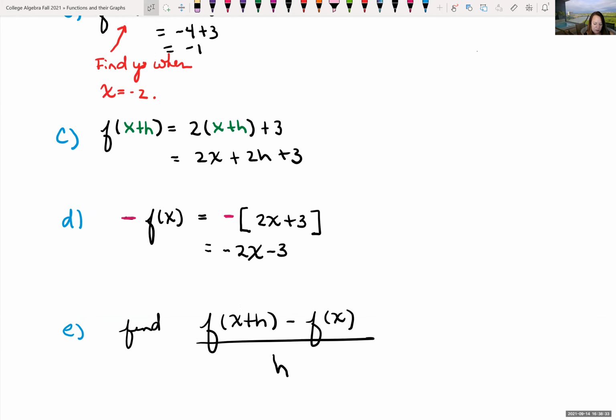We actually did part of this already. Well, our f of x plus h, we found in part C. This was 2x plus 2h. Let's write that in there. So this is equal to 2x plus 2h plus 3.